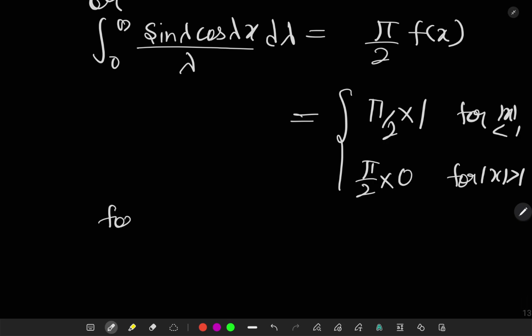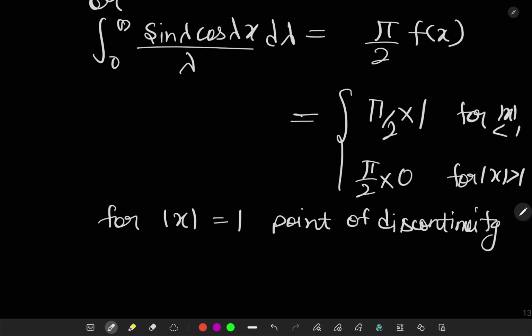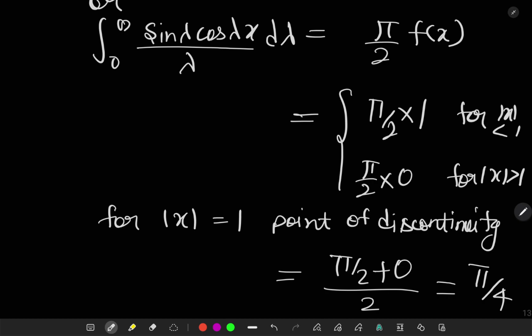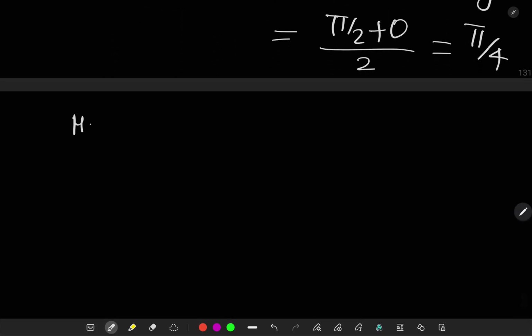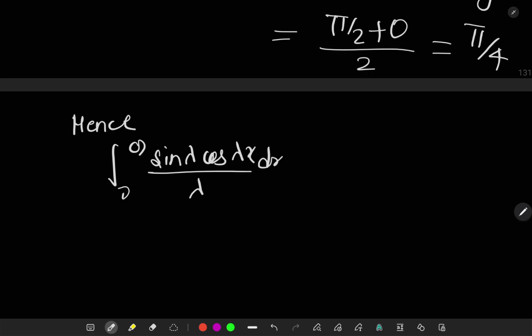Here for |x| equals 1, which is a point of discontinuity, we can write this integral equals (π/2 + 0)/2, which equals π/4. Hence the integral from 0 to infinity of sin λ cos λx divided by λ dλ is equal to π/4. Hence proved.